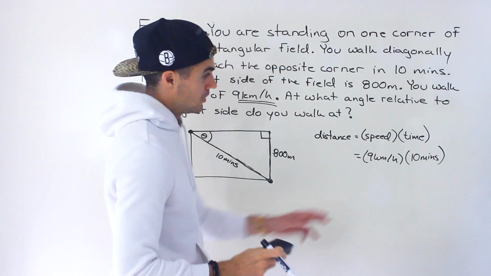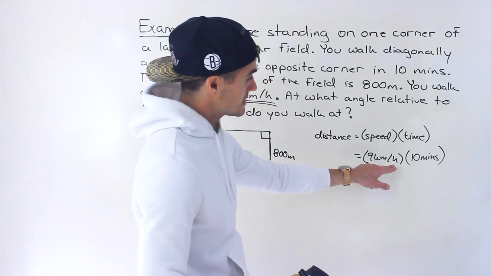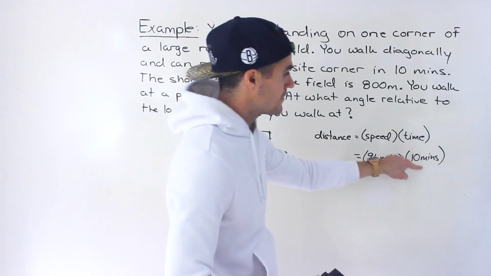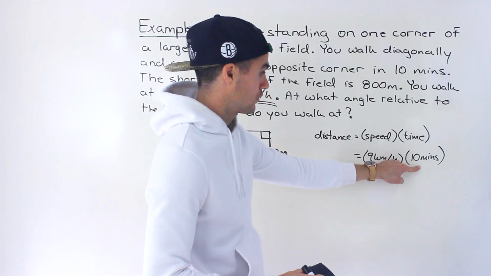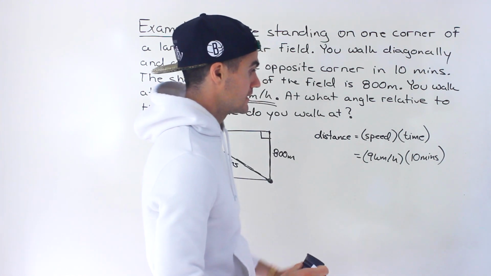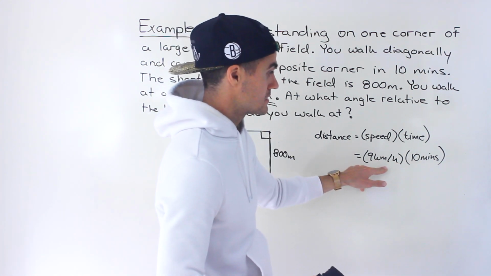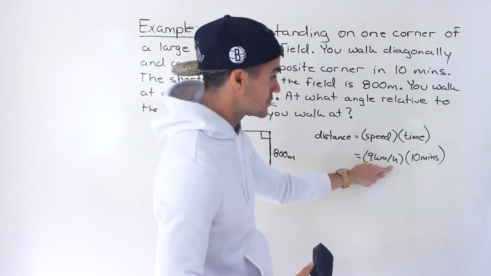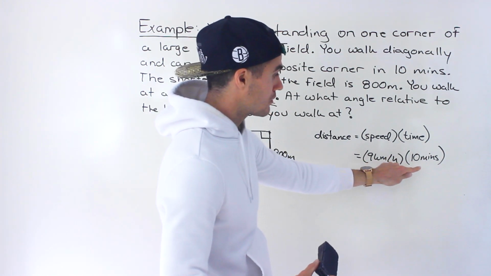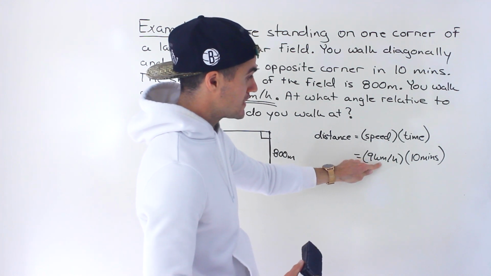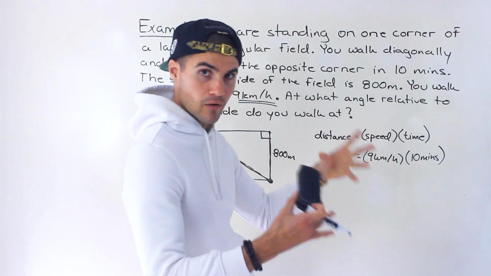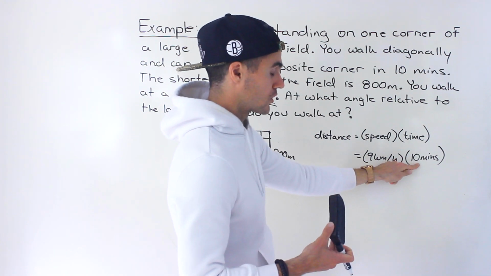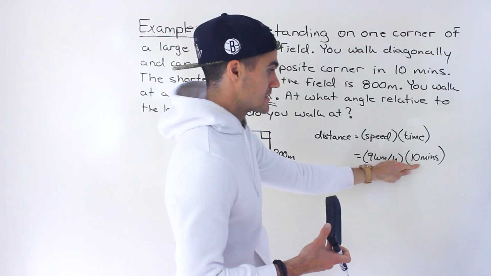And so we can't multiply these smoothly here, because this is in kilometers per hour, which means that the time has to be in hours in order for us to get a distance. The time units have to be congruent. Here we have minutes, so we're either going to have to convert this speed to be 9 kilometers per however many minutes, or we're going to have to convert the minutes into hours.